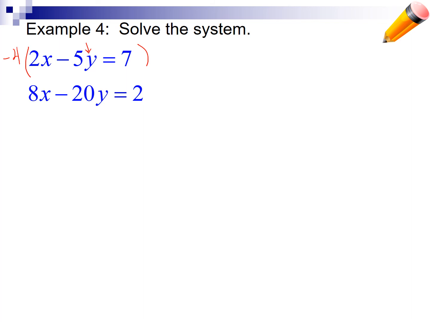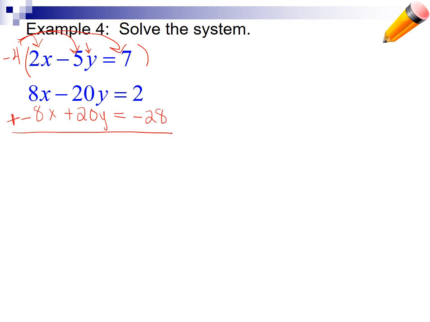So remember, when we multiply, we're going to distribute to everything, all three terms. Negative 4 times 2x is a negative 8x. Negative 4 times a negative 5y is a positive 20y. And then negative 4 times 7 is going to be equal to a negative 28.